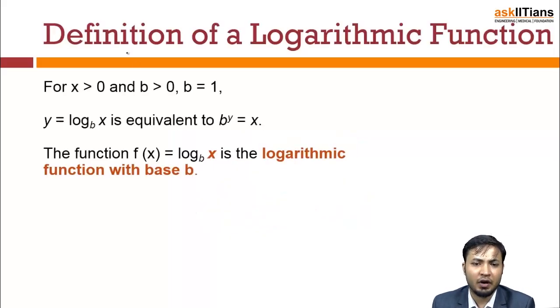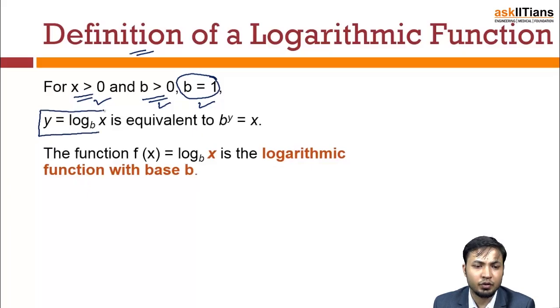Logarithm is basically defined for variables for which x is greater than 0, b is greater than 0, and b cannot be equal to 1. These are the basic criteria that you need to have. So if I write y is equal to log b of x, it is actually equivalent to some number x which is equal to b to the power y.